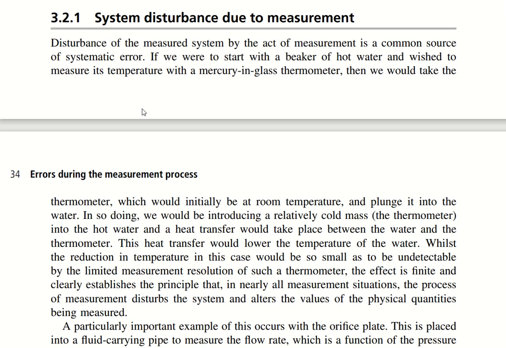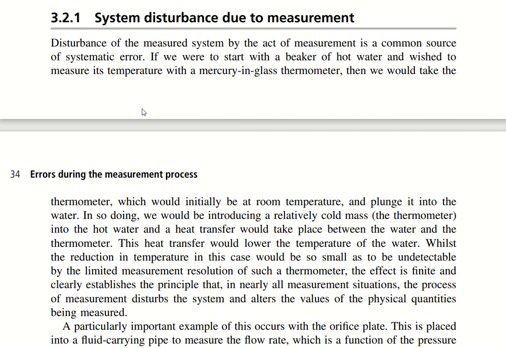A particularly important example of this occurs with the orifice plate. If you have seen the orifice plate, it is placed into the fluid carrying pipe to measure the flow rate of the flowing liquid.